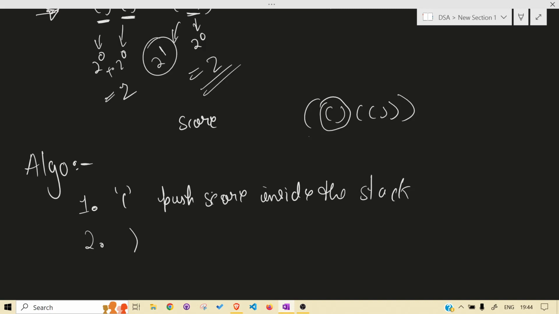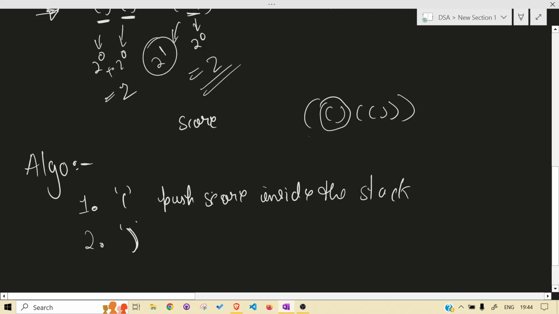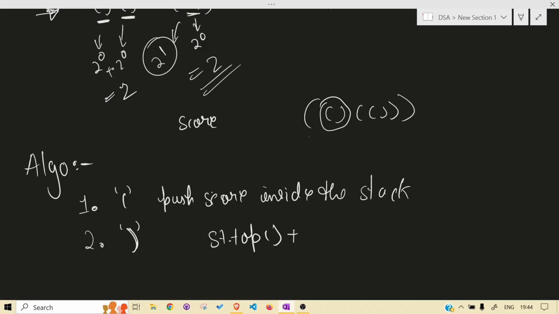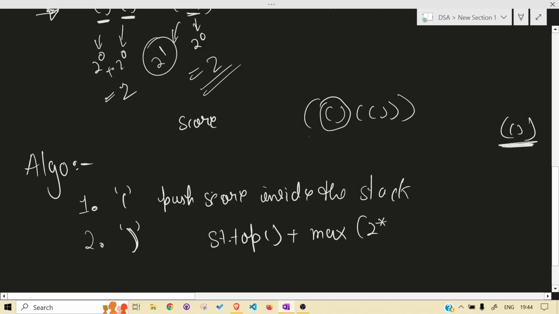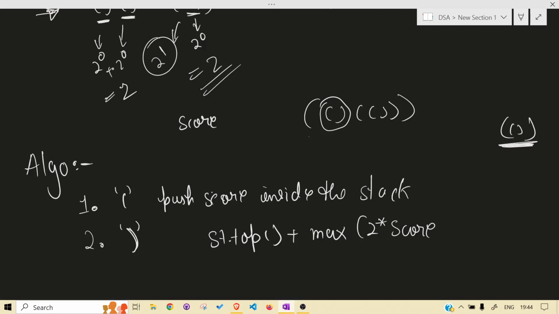And when this closing case happens, what we will do is, the previous state is stored at the stack top, plus we have to keep this in check: into the score, how much score we have. And also, when we push the score, we will reset the score to 0.